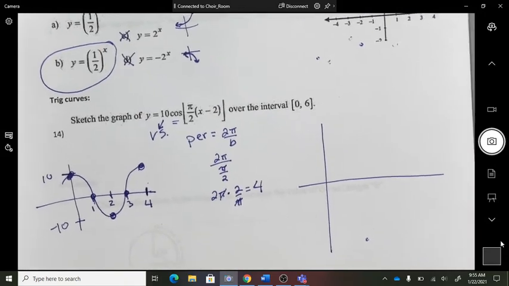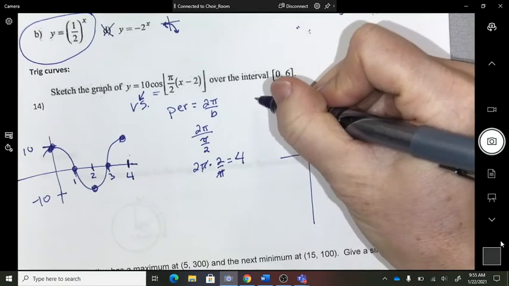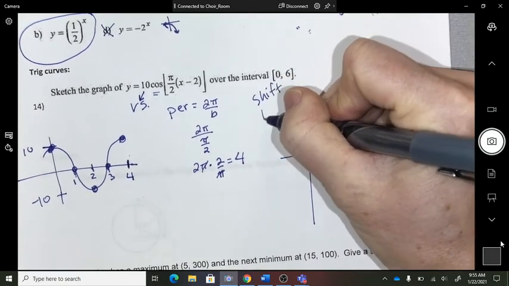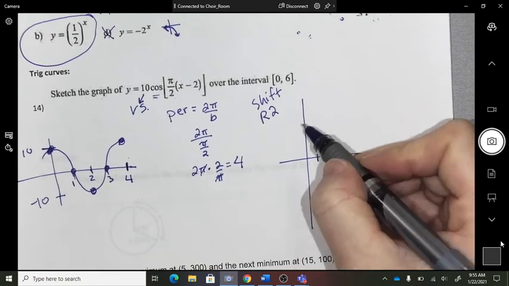Okay, on your final graph, you're going to have to shift. And my transformation is I'm going to move everything right 2. Okay, so 1, 2.